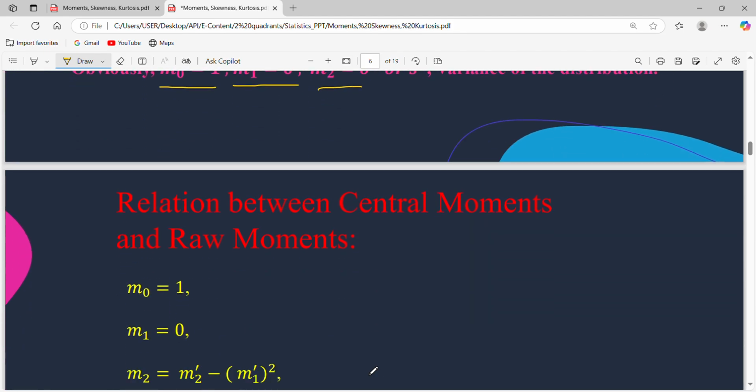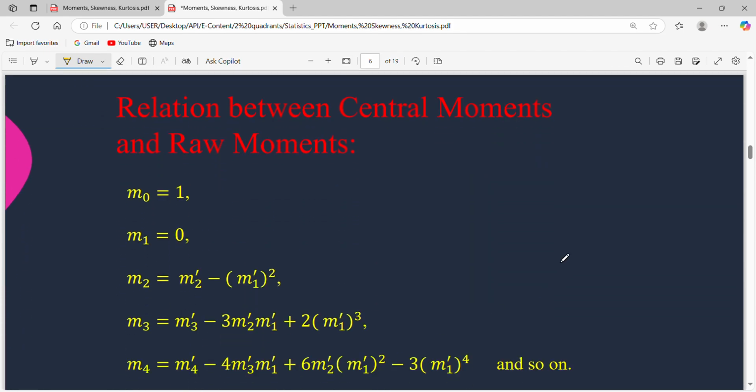Next is relation between central moment and raw moment. So here m0 is always 1.